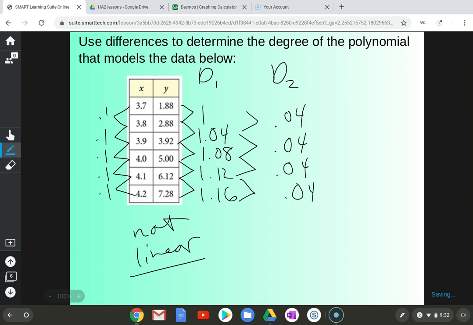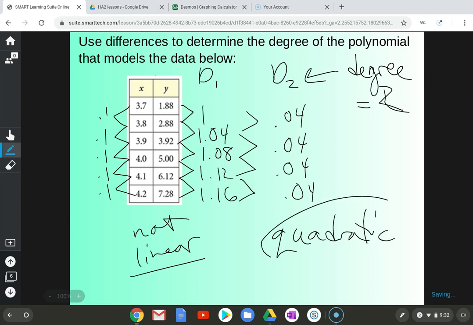So if you notice, if all of these differences are all the same number, that means this function has a degree of 2. And that makes it quadratic, because all of our second differences were the same.